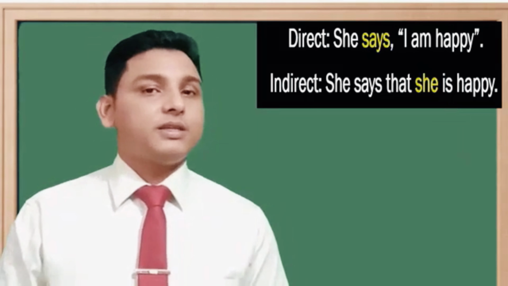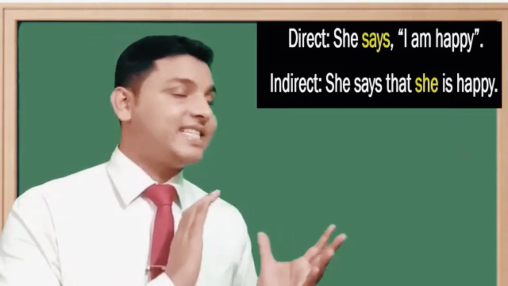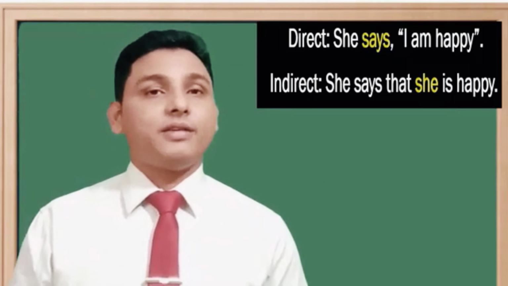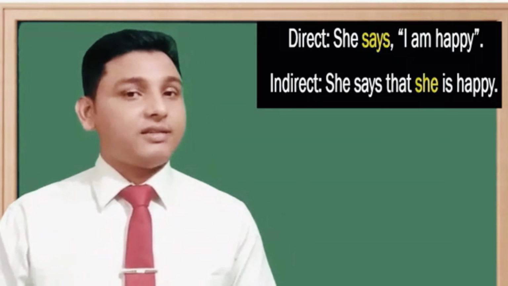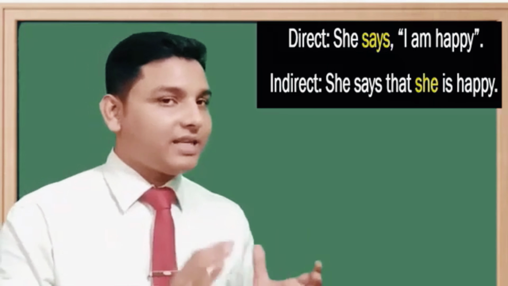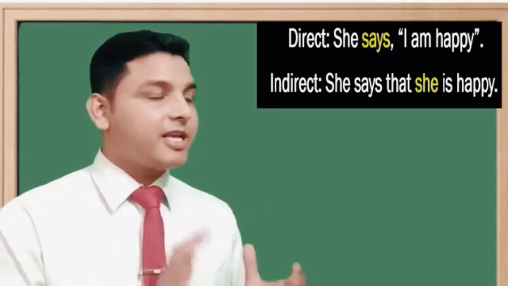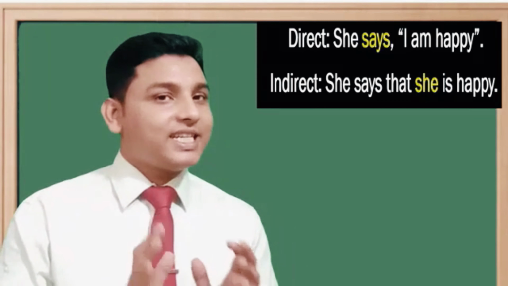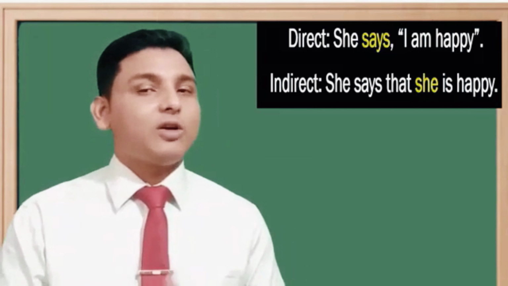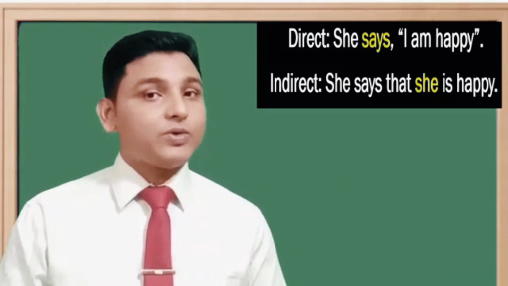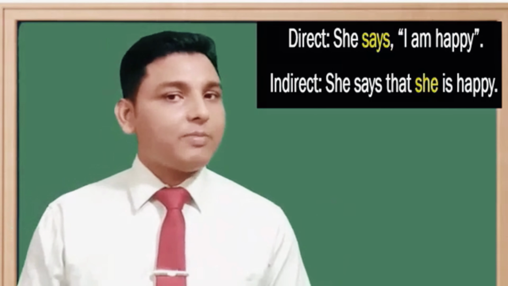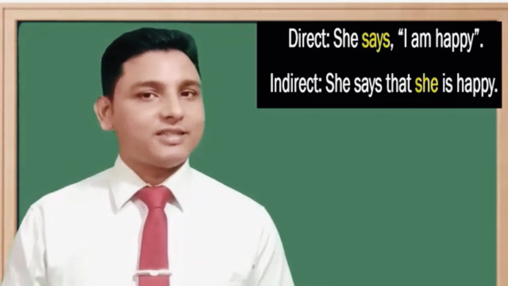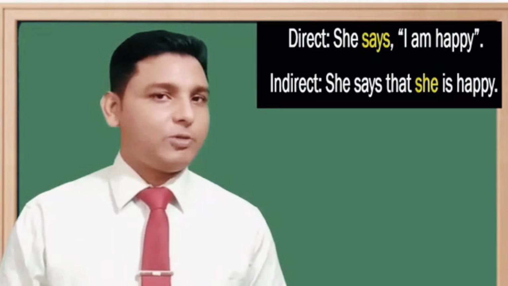In the direct speech, we find she says, "I am happy." So we can change the speech like this: she says that she is happy. Here we didn't change the tense of the reported speech because the reporting verb is in the present tense. So remember this rule properly.